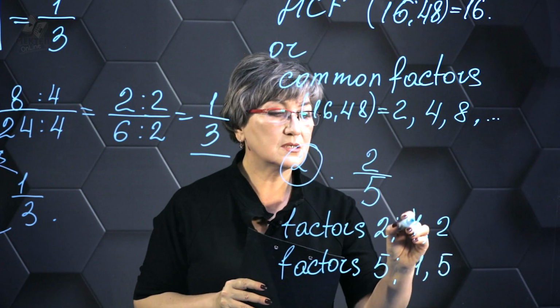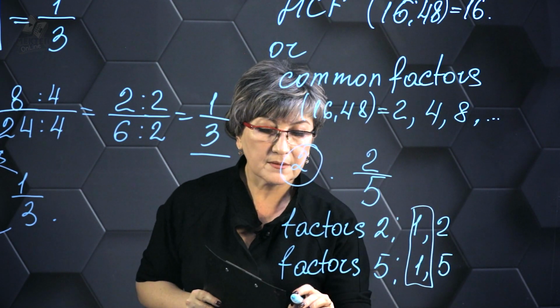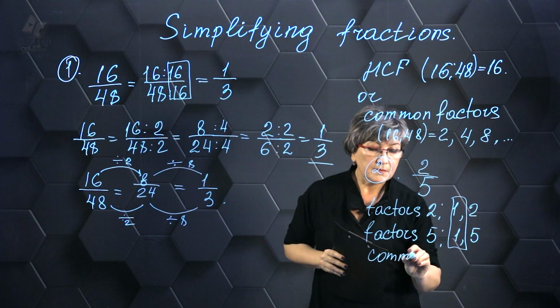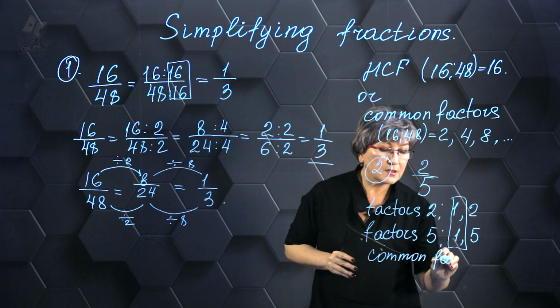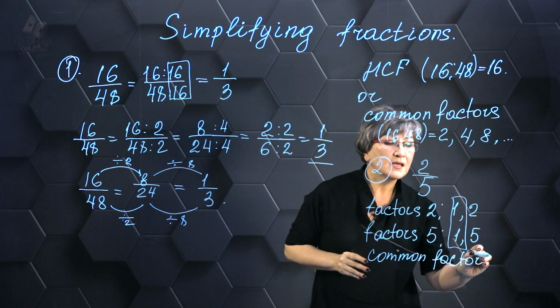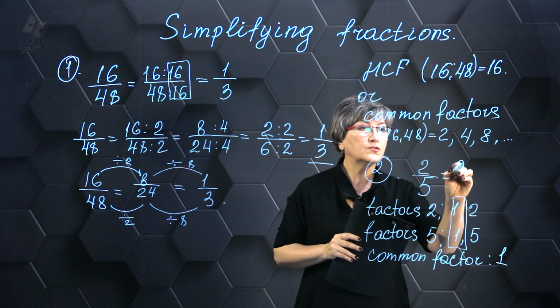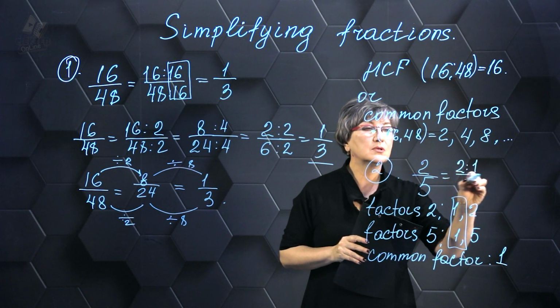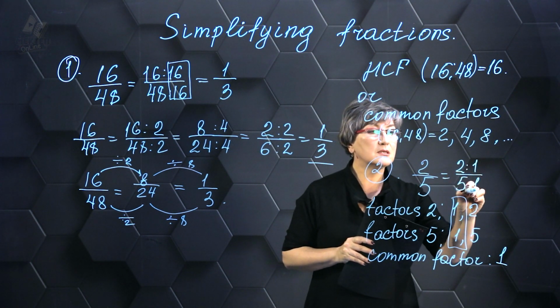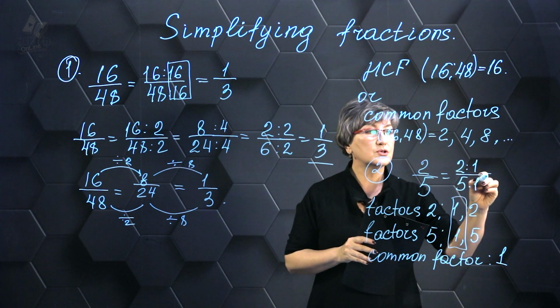As a result, the common divisor for both numbers is 1, meaning that 1 is the only divisor common to both. If I divide 2 by 1 and 5 by 1, the result will still be 2/5.